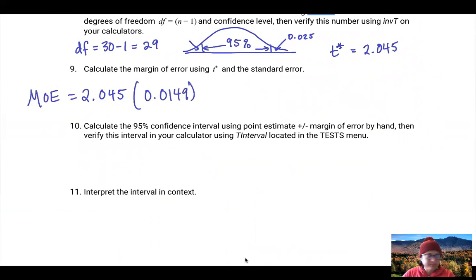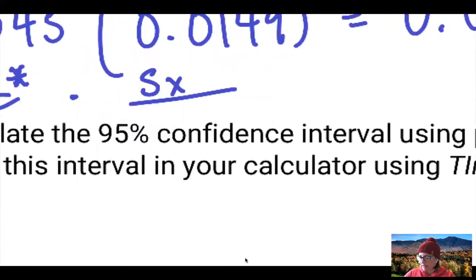So this number, when I multiply that out, I get 0.0305. And again, if you wanted a formula for this, this is our T star times the standard deviation of the sample divided by the square root of the sample size.